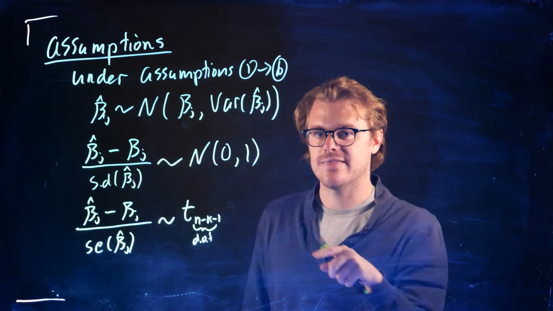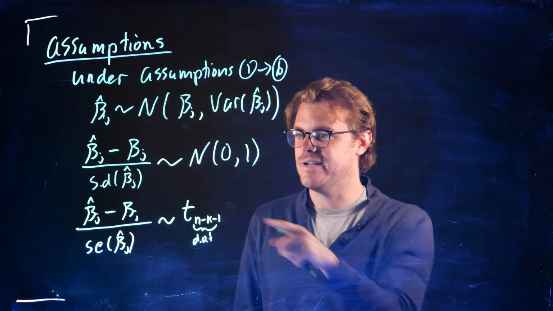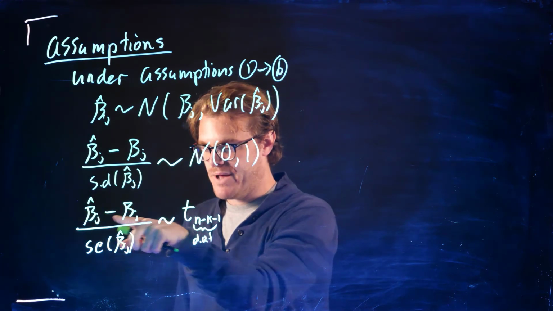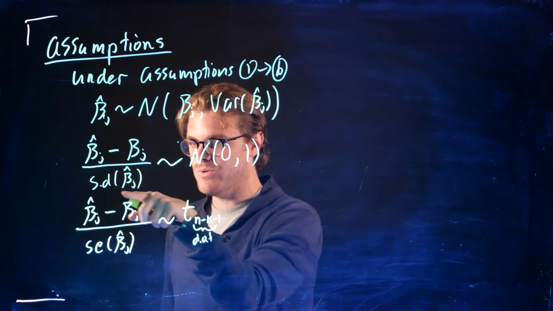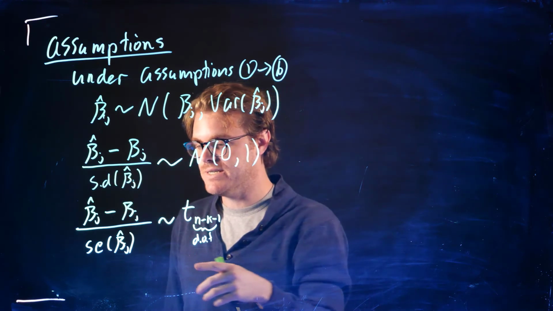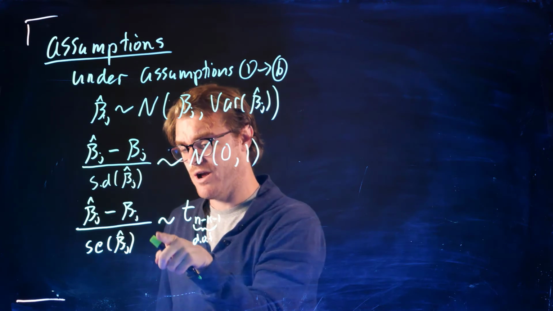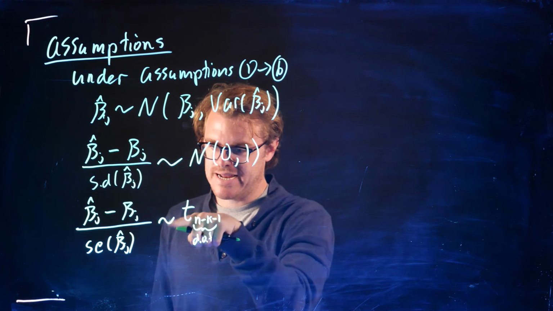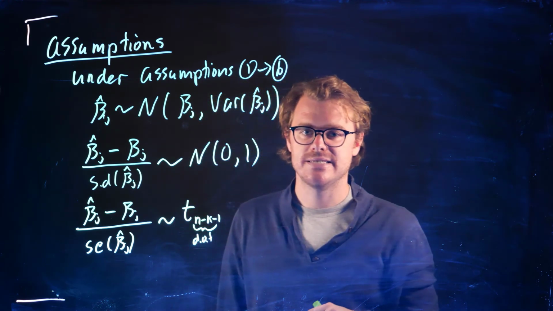This is how you get that z stat, and you test it against the normal distribution. But here we probably don't know what the standard deviation or the variance of our random variable, or error term, is. So we're going to estimate it. And so that changes the distribution to be this t distribution.